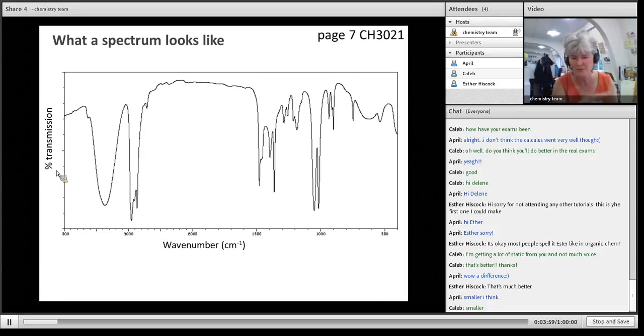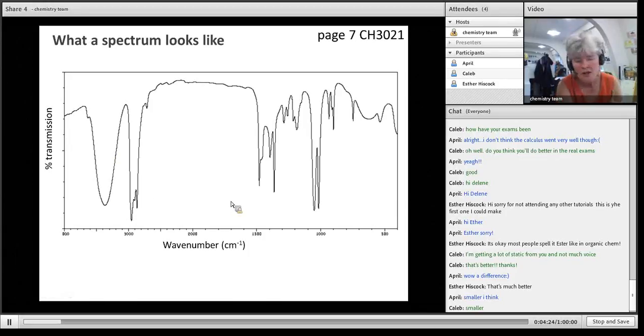They're just simply the opposite. So if you've got a big peak where it's being transmitted, then this goes from 0 to 100, so there's not very much being transmitted through here, so that'll also be like a big absorption peak if we did the reverse. Okay, right, so that's the general thing.